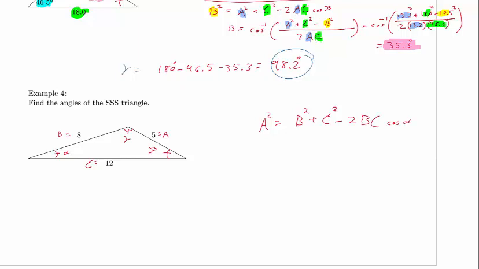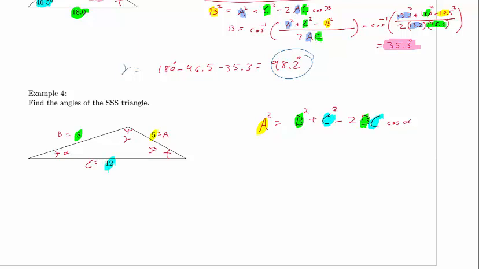Okay, and so color coding, a to a, b to b, and then we've got our c's right there.